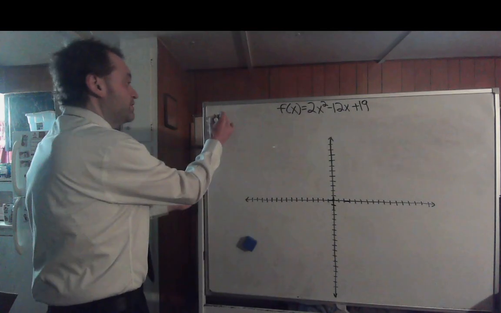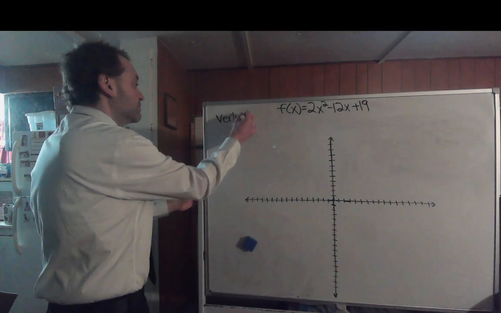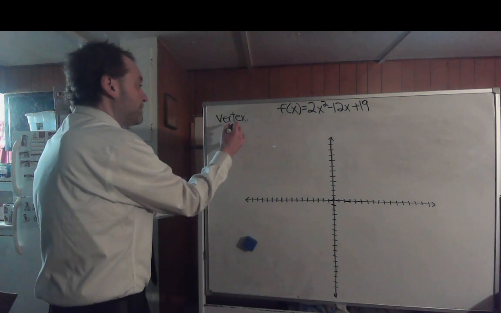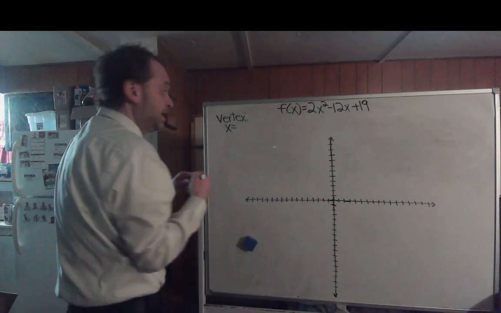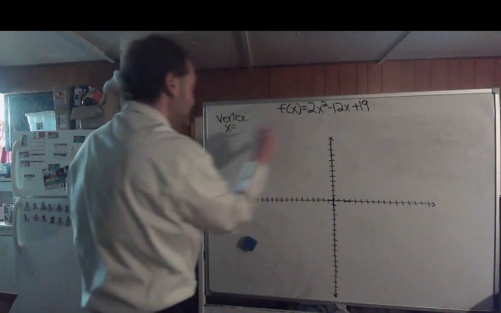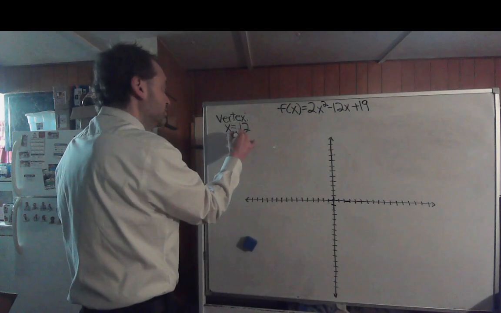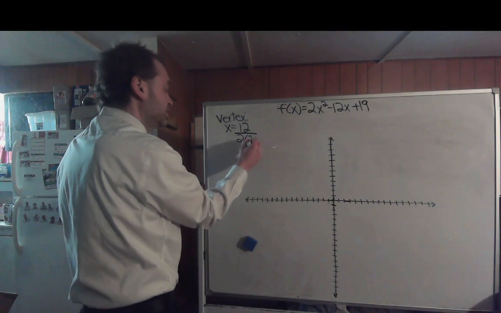Now let's work on finding the vertex. The vertex, of course, x equals the negative of b over 2a. The b coefficient is negative 12, so if I negate negative 12, I'll get positive 12 over 2 times my a coefficient of 2.